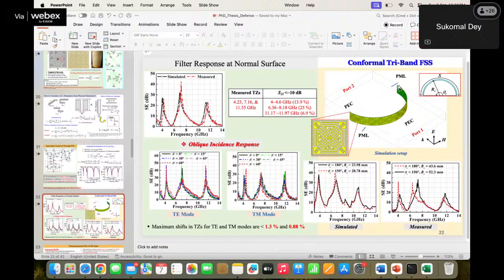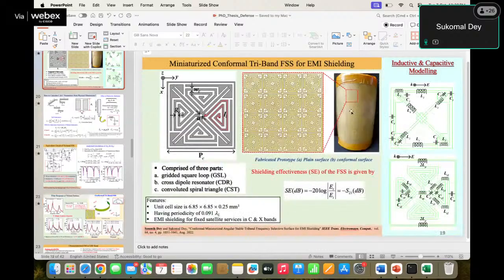So one unit cell is this, and the array comes on top of it. You can see that one curve is one unit cell that needs to be simulated. Then you make an array on top of it, and then it looks like this.